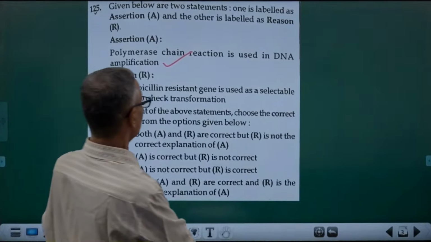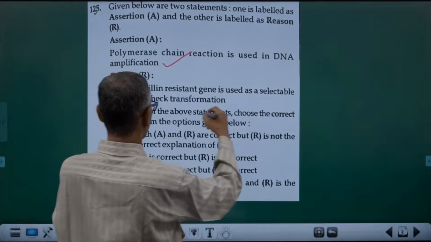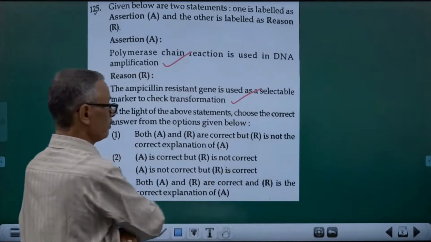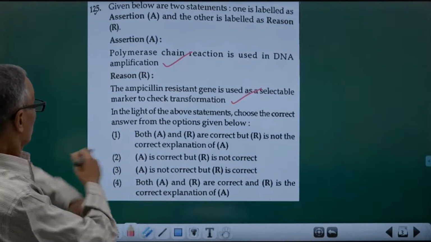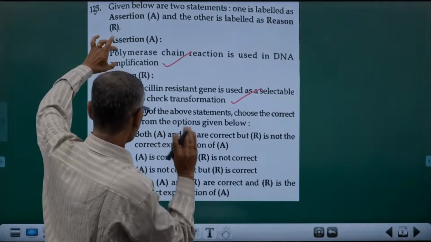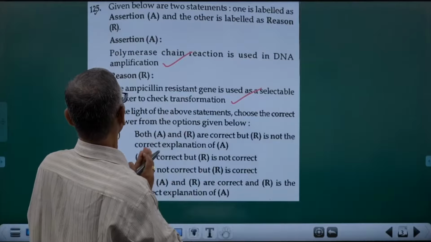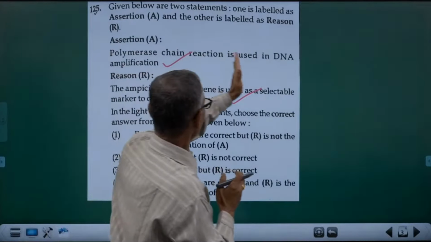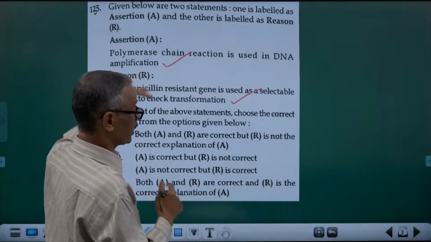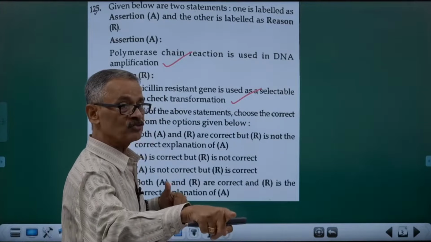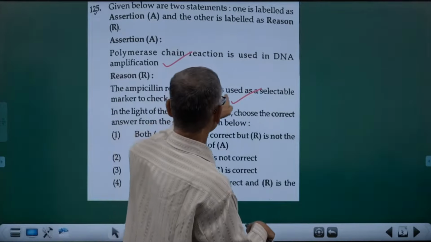Ampicillin resistant gene is used as a selectable marker to check transformation. Correct. See, both are correct. If both are correct, how do you arrive at the correct option? Polymerase chain reaction is used in DNA amplification because then ampicillin resistant gene is used.